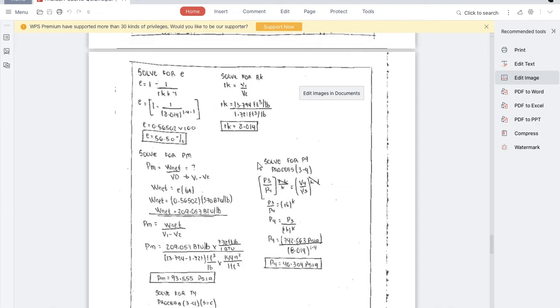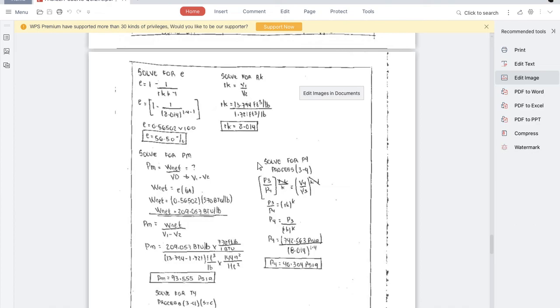And the answer for e is 0.56502 or 56.50%. For the rk, the formula is equal to V1 over V2. rk equal to 13.794 cubic feet per pound over 1.721 cubic feet per pound. The answer for the rk is 8.014.